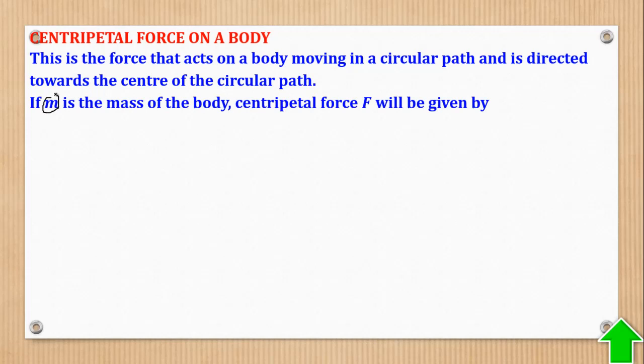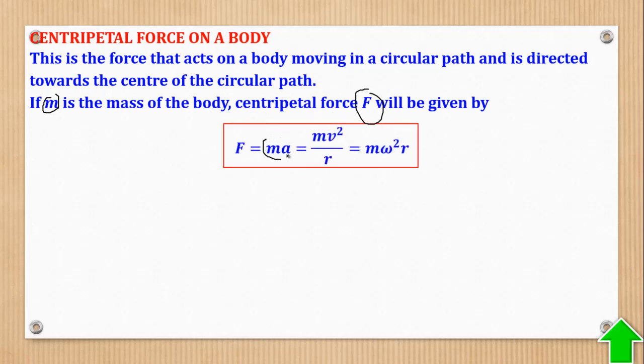So if m is the mass of the body and F is the centripetal force, then we can get F using ma from Newton's second law, and we already know that a is v squared over r, or a is omega squared r. So those are the two formulas that can be used to obtain centripetal force, either mv squared over r, or m omega squared r. Any of the two is okay, depending on what is given in the question.